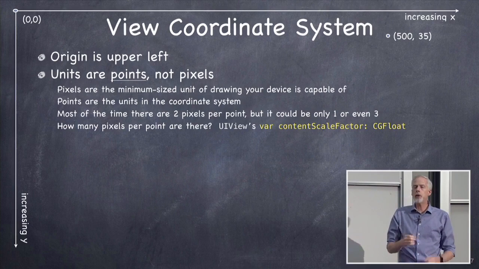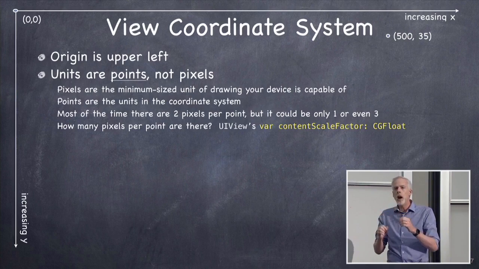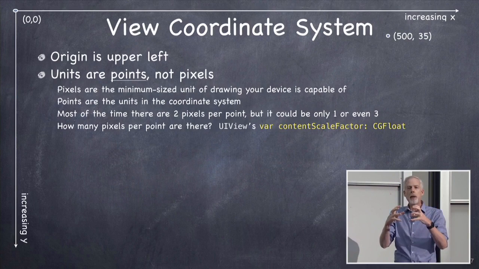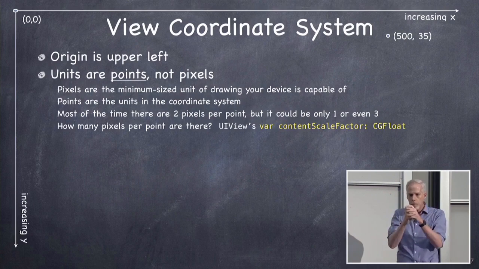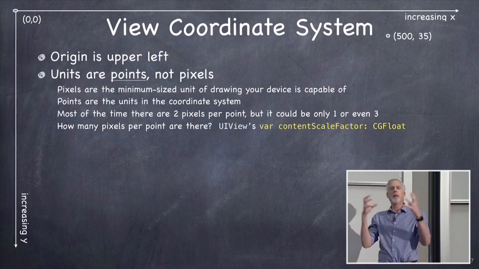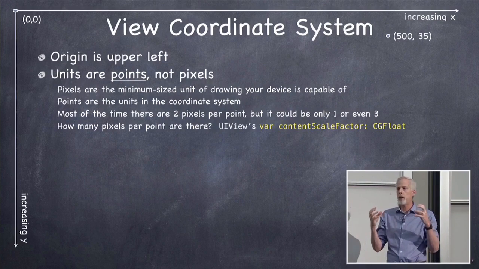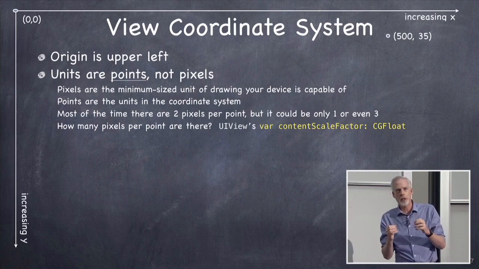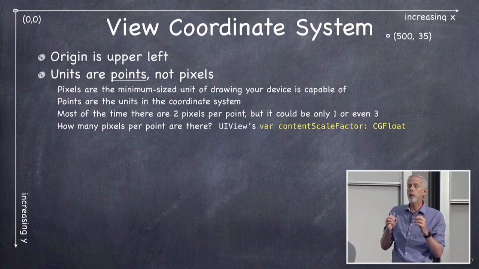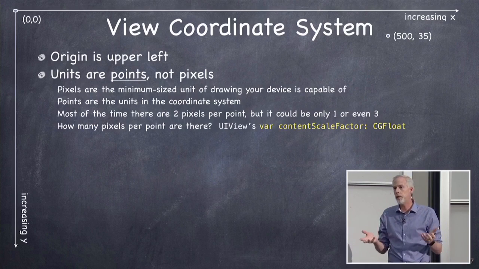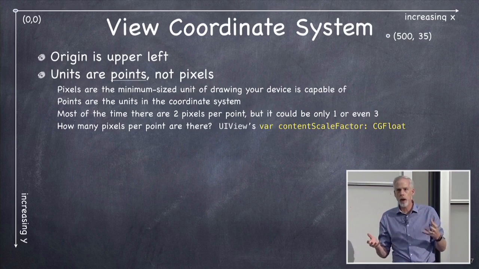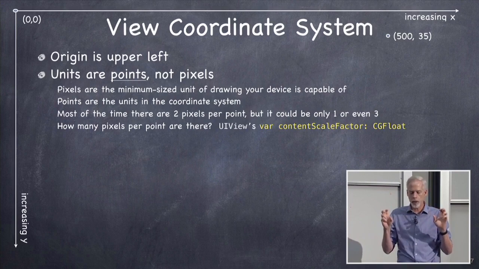But we can't draw in pixel space, otherwise on a very dense pixel screen our image would be really small, and on a less dense one it would be really big because the pixels are really big. So instead of drawing in pixels, we draw in points. This is the same point, by the way, as the point size of a font, like 12-point font. Same word, same point.